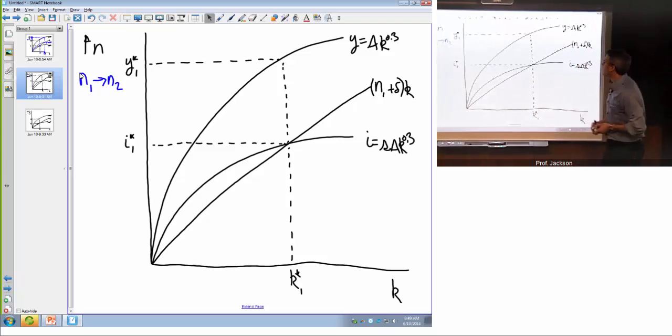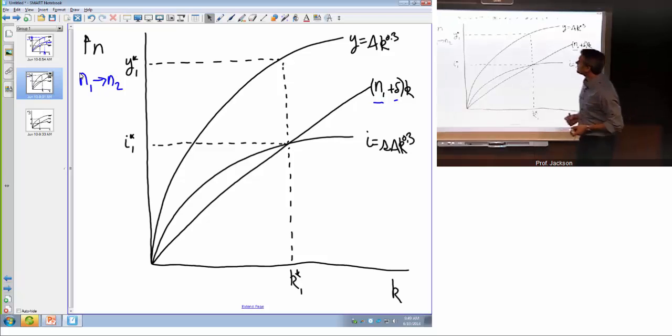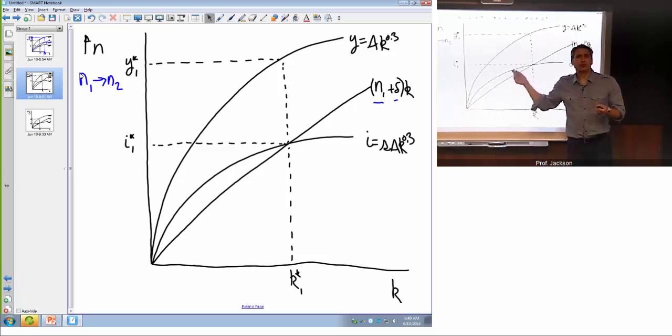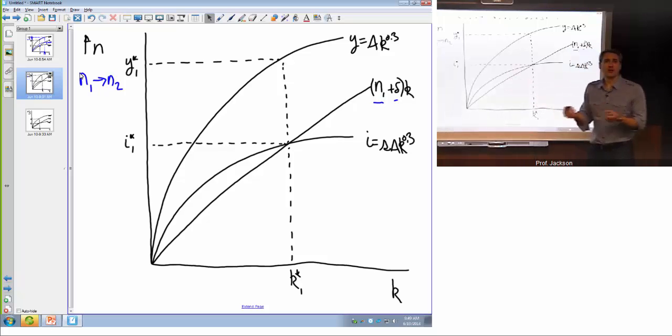So again, we start off in our basic framework here. There's our initial population growth rate plus depreciation. So we have this depreciation line, N1 plus delta times K. When the population growth rate rises, the sum of population growth and depreciation goes up.